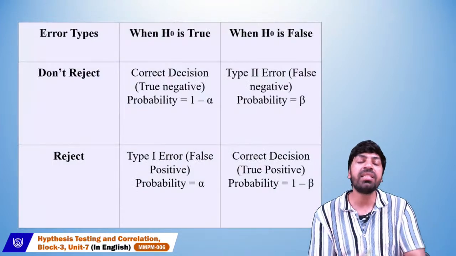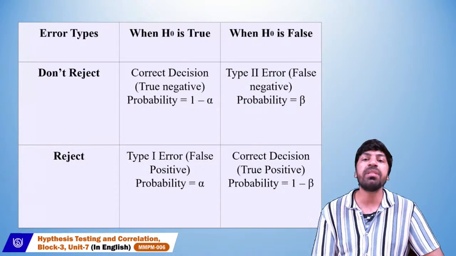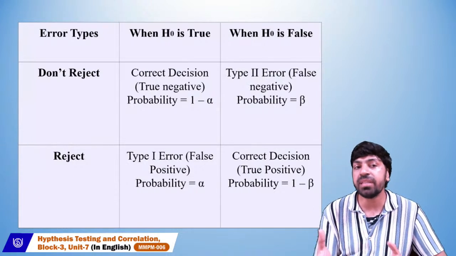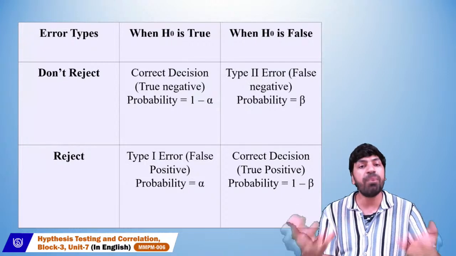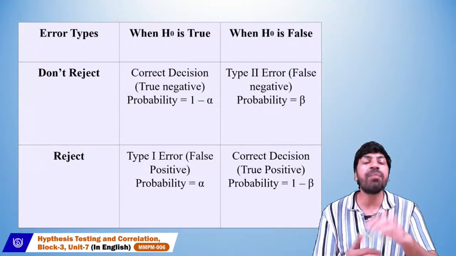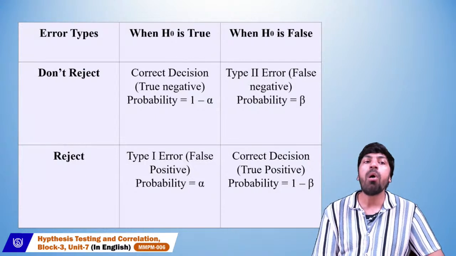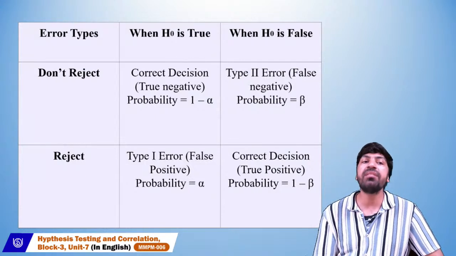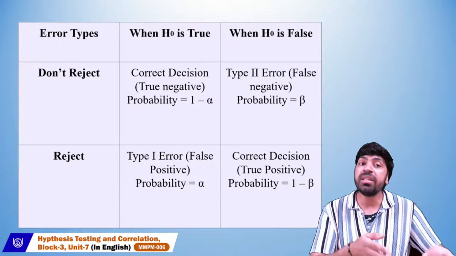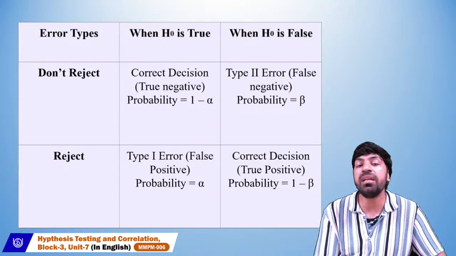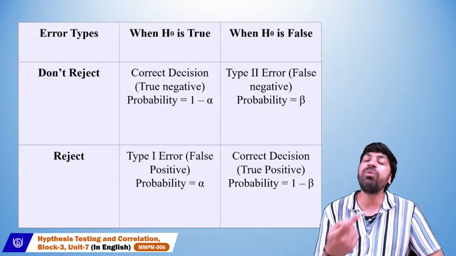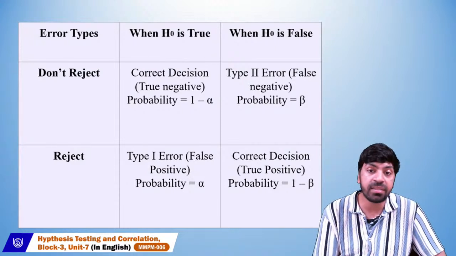So this is an exact table of the error types while making a correct decision. Suppose the null hypothesis is true and the researcher has not rejected the null hypothesis, that would be the correct decision.